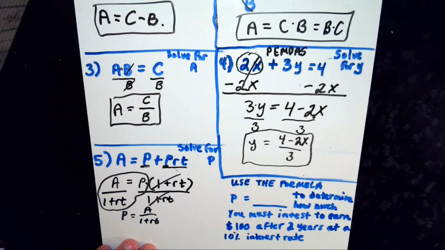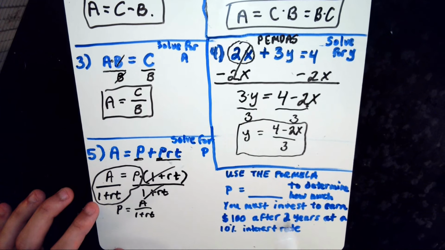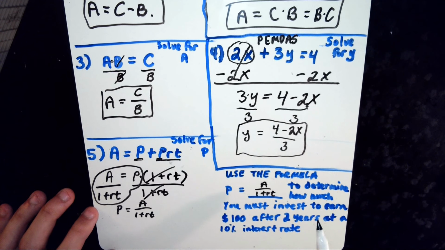Awesome. And then I promised in the last video that we'd look at an application of these formulas. We're going to use the formula p equals a over 1 plus rt to determine how much you must invest to earn $100 after 2 years at a 10% interest rate.